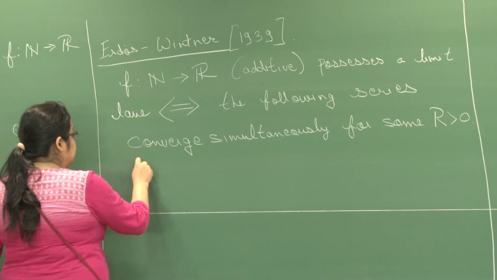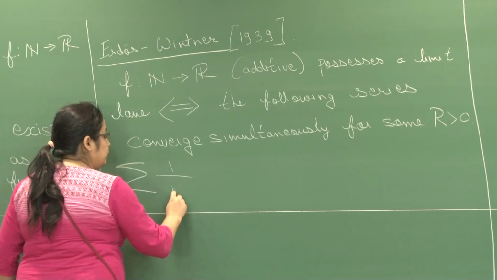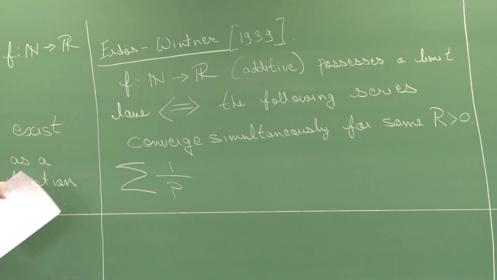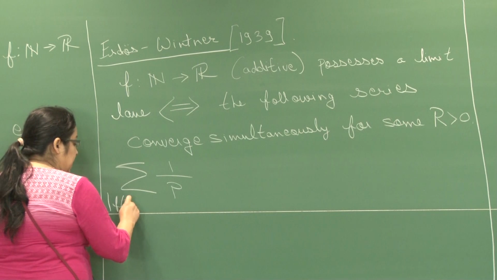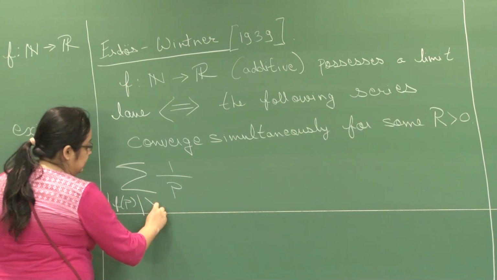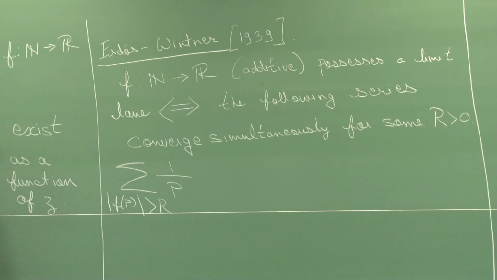The first series is the sum of the reciprocals of the primes. Which primes? All those primes for which the absolute value of f of p is greater than r.